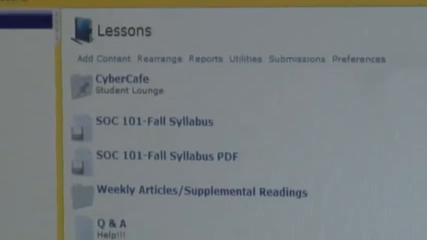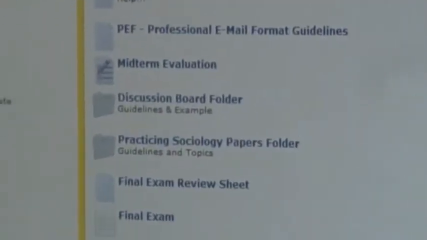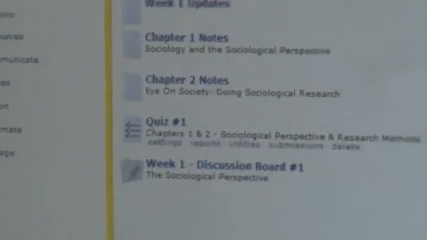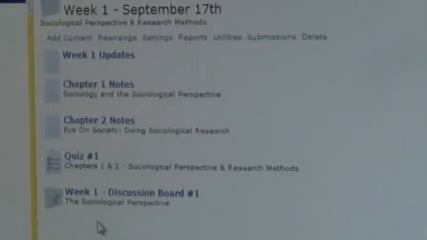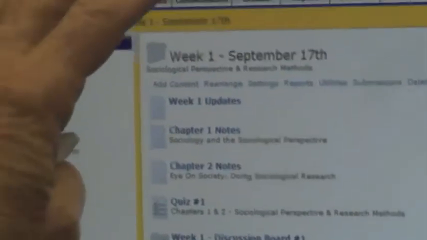I think I like this because everything is laid out pretty clearly. The discussion, the quiz, chapter notes. Now, I don't have time to look, but I'm assuming that everything about assignments having to do with week 1 is going to be right there.